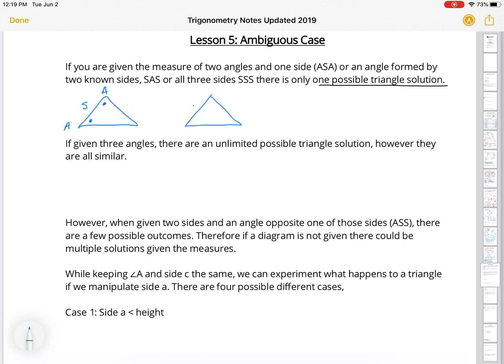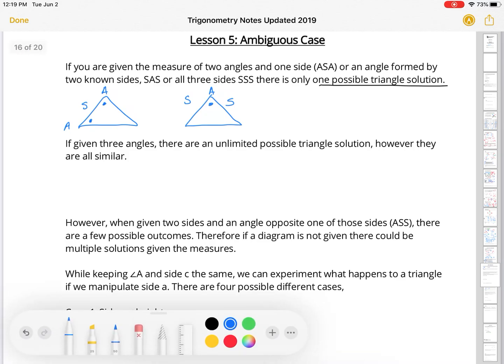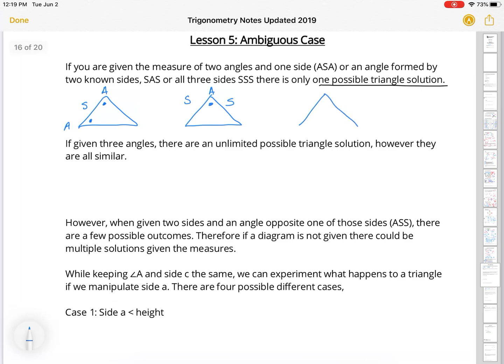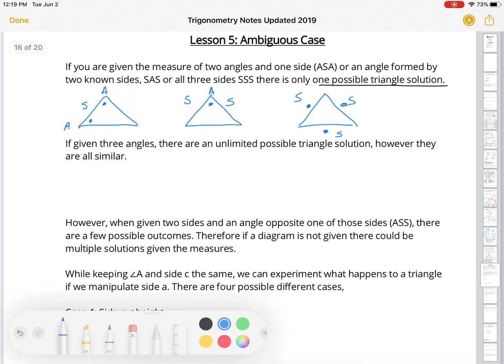Or if we know side, angle, side. So we know three altogether here. Or we know side, side, side.